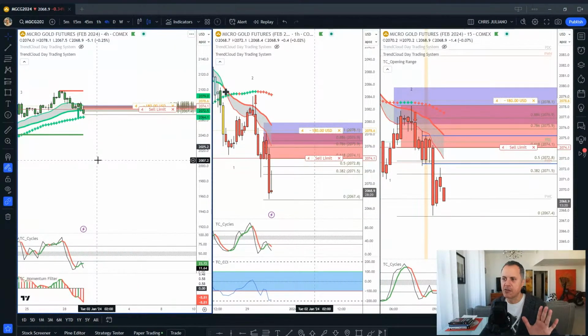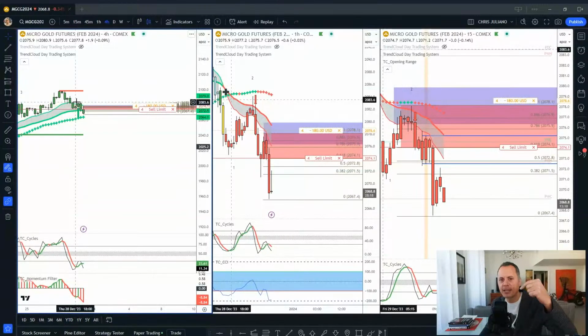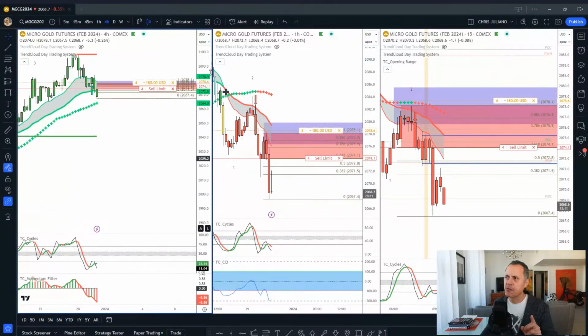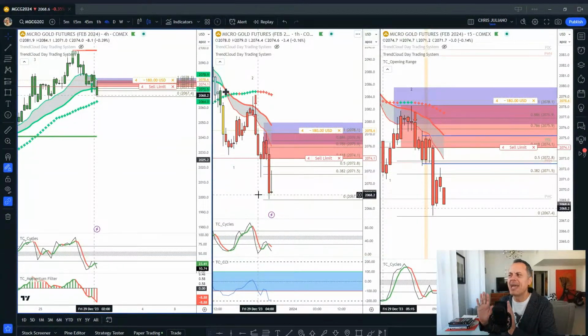The only thing against us is that we're correcting down in an uptrend on that 4-hour chart. It's the only thing that we have against us. So we've got a lot of evidence that this thing, at this moment in time, remember, short, rapid growth, right?